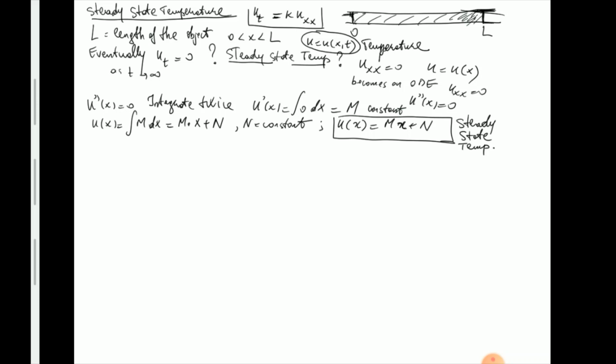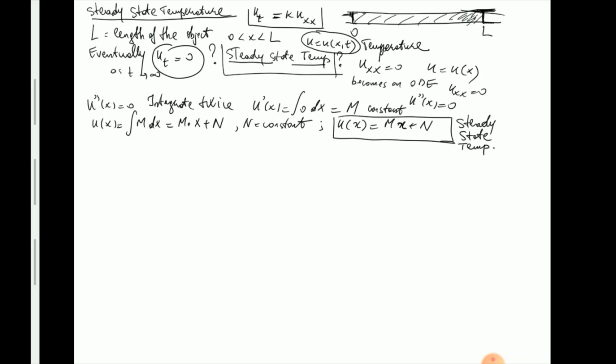So the goal here is now to solve this steady state temperature with appropriate boundary conditions, but we're going to drop the t variable because, again, we are under the assumption that the temperature doesn't depend on t anymore. So we're solving for the limiting temperature. It's important to point this out. We're not solving for the temperature at a given time t. We're solving for the steady state temperature, which is what happens as t goes to infinity.